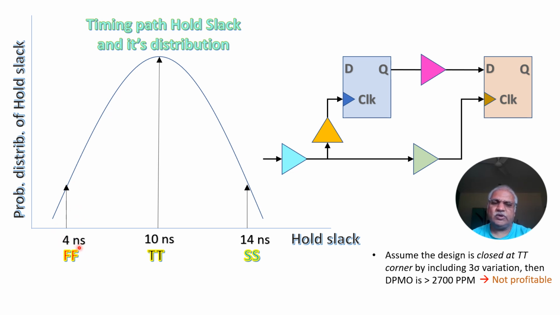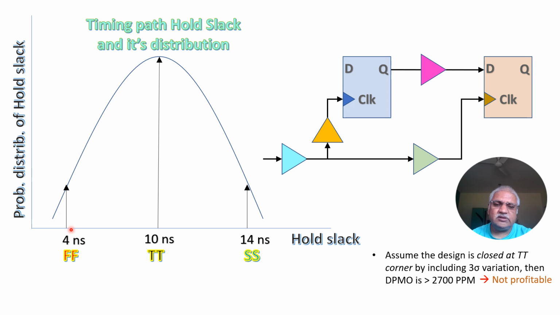By doing so, these are the probability of failure items. So not 4 nanosecond, I am saying. In the fast corner, here the design is met comfortably, hence we are seeing 4 nanosecond, but otherwise assume this is at 0 nanosecond fast corner.